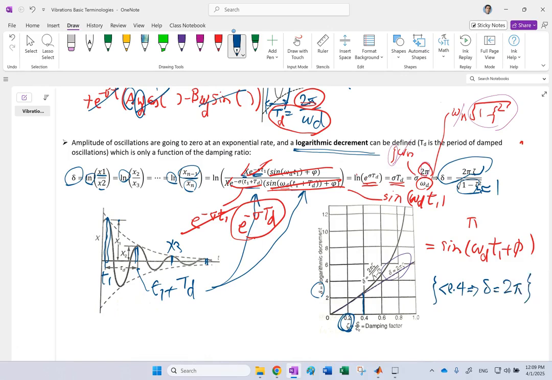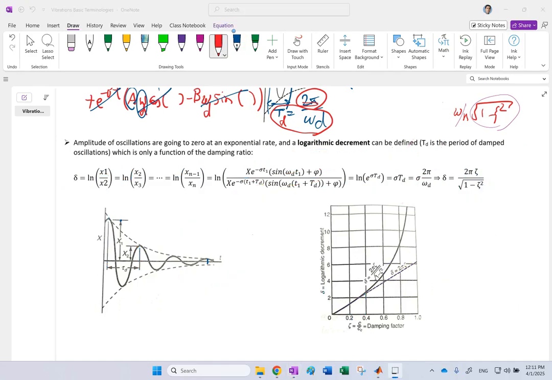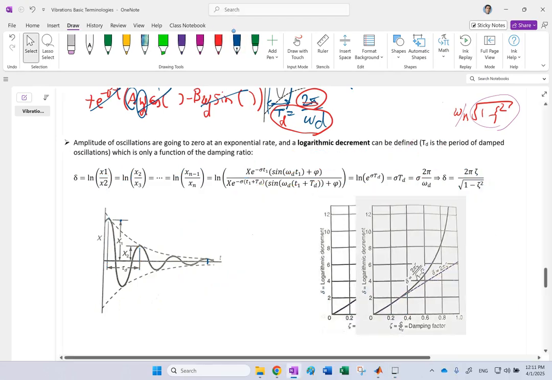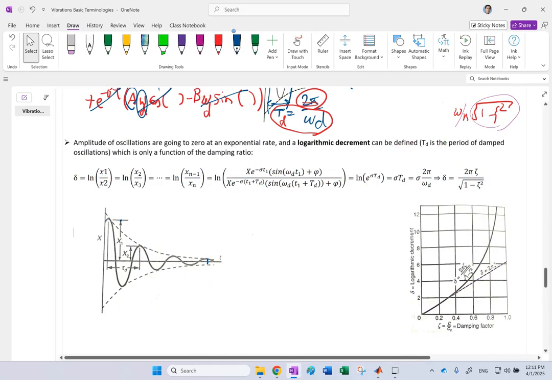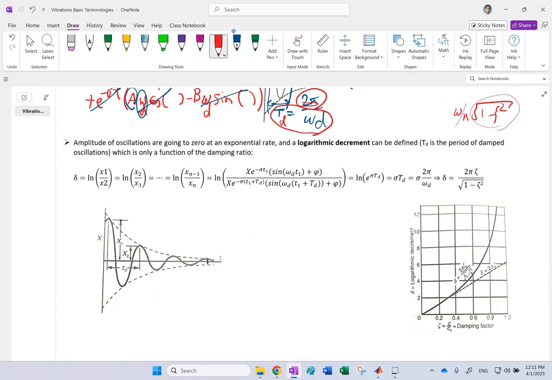Now, if somebody gives you two amplitudes, x1 and x2, and says find zeta for me, you can do that. For instance, as just a numerical example, if I say this initial amplitude is like 0.8 and then this next amplitude is, let's say, 0.4, okay, let's just go by half.